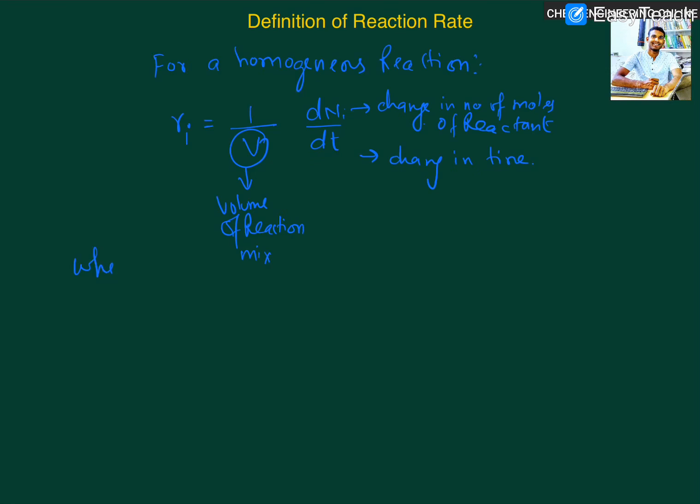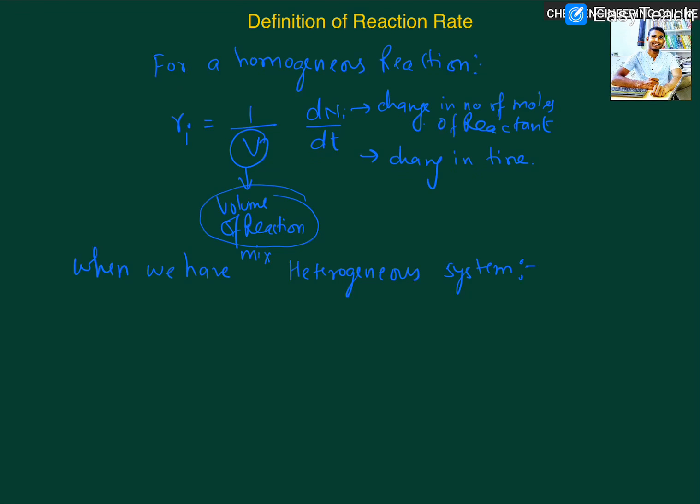but when we have a heterogeneous system, we will have to define rate based on other parameters. Just like in homogeneous we are defining based on the volume of the reaction mixture, we have to take different parameters for defining the rate.